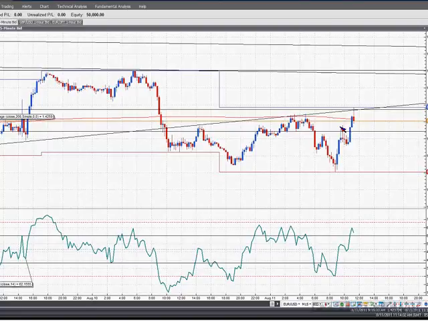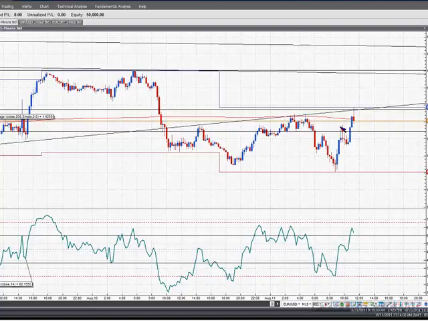You see, this is basically an ABC correction, right? So just like the euro dollar, we could be looking for some resistance here, 1.6220 to 1.6230. And if we see the market push back below 1.62, we're not succeeding in this bullish attempt, and I would stay out of it.